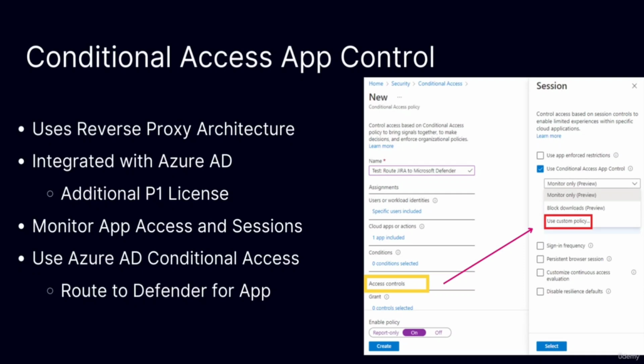You can configure the apps to work with the conditional access app control, and you can do it with a few clicks. So as you can see in this screenshot, basically what you're going to do is create a new conditional access policy, and then in the access control, you're going to select session control. And from there, you can choose the option to use conditional access app control.